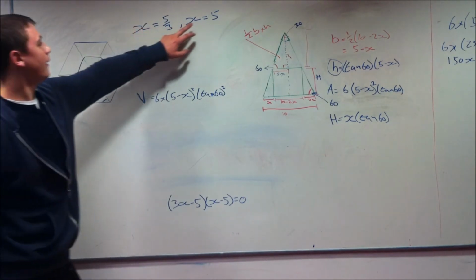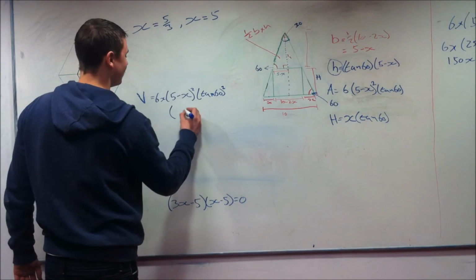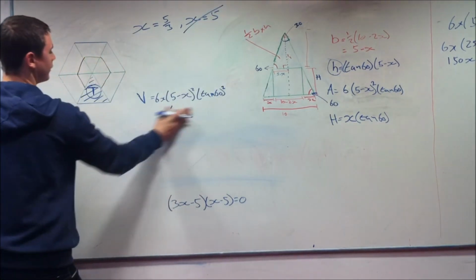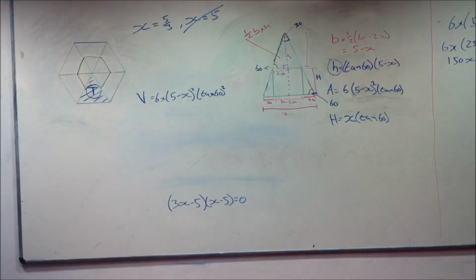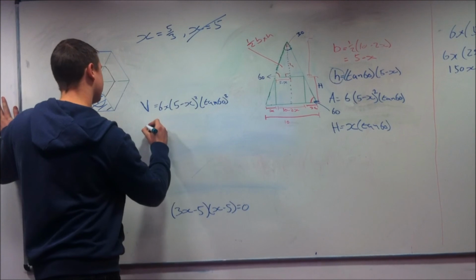If we put x is 5 into here, then we're going to get 0 times by everything. So it's not that one. That's obviously the minimum. So the maximum is going to be when we put x is 5 over 3 into it.